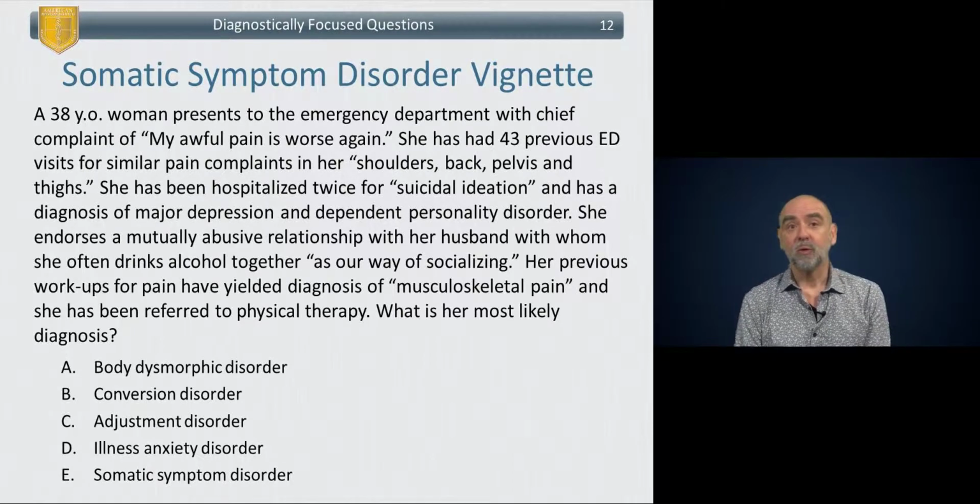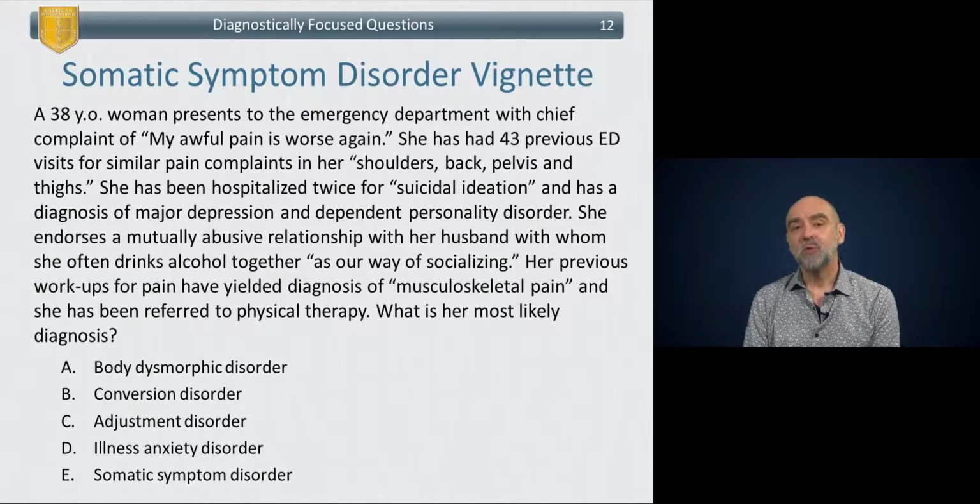A 38-year-old woman presents to the emergency department with a chief complaint of, "My awful pain is worse again." She has had 43 previous emergency department visits for similar pain complaints in her, quote, shoulders, back, pelvis, and thighs. She has been hospitalized twice for suicidal ideation and has a diagnosis of major depression and dependent personality disorder.